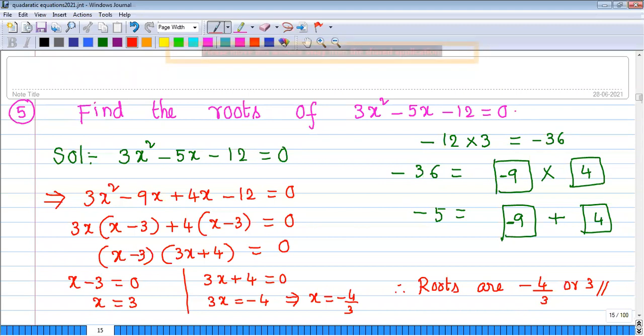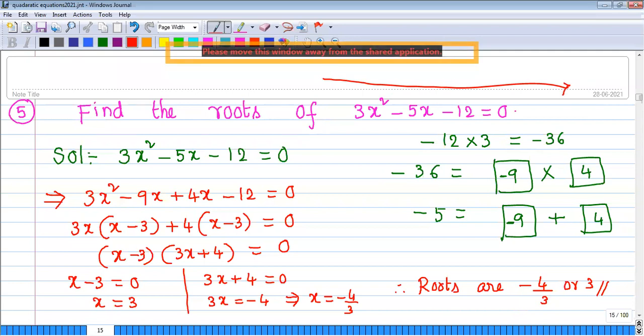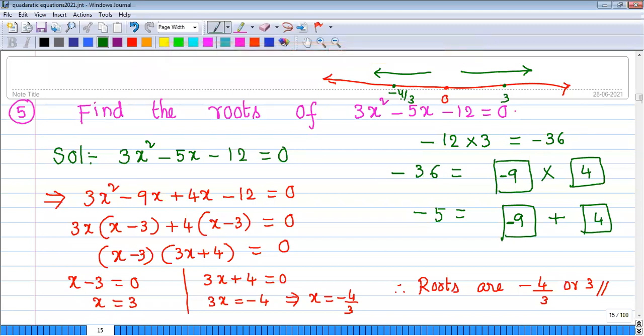If you want to locate these two numbers, this is the origin. So 3 can be located right of the origin, whereas minus 4 by 3 is before 0, left of the origin. So see here, which is the first one, minus 4 by 3. Better you see the negative number first, after that the positive number.